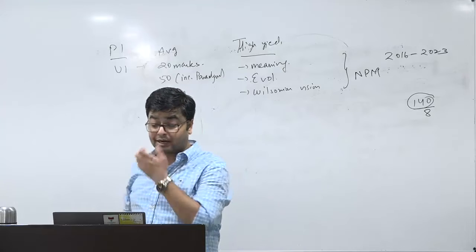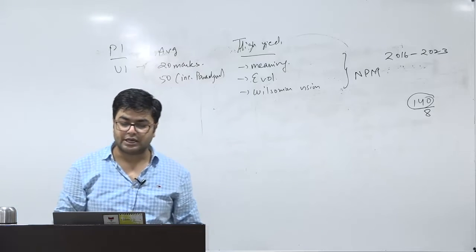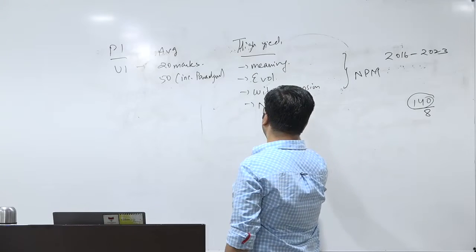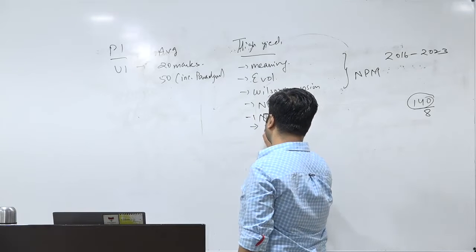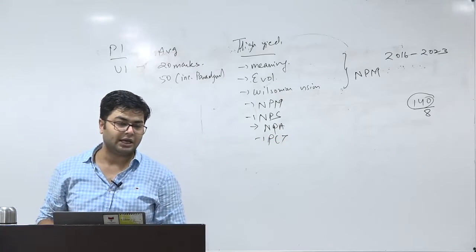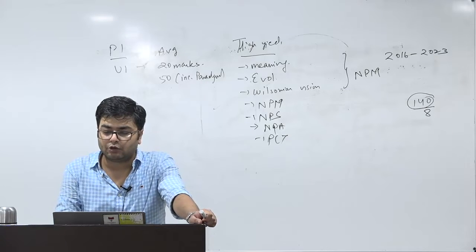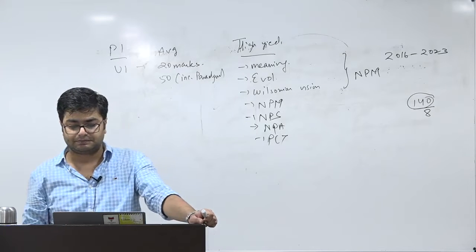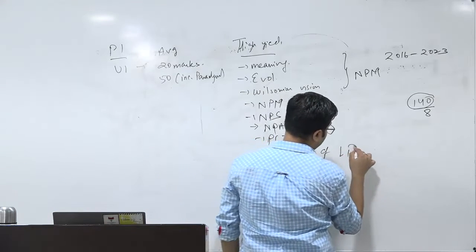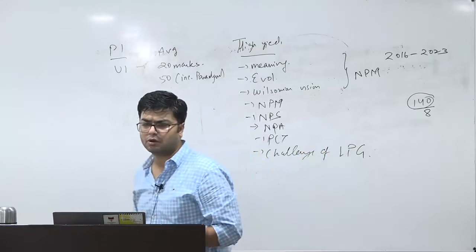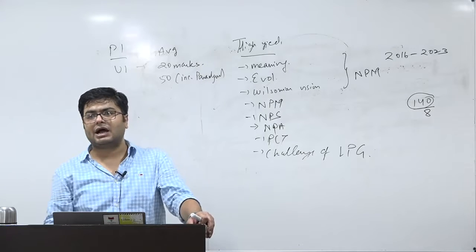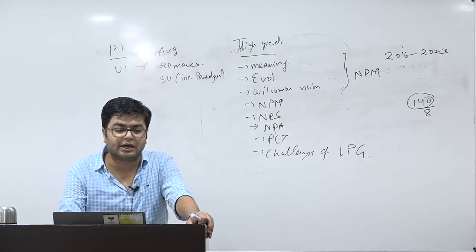That is NPM, etc., etc. But largely you will see here also, if I include this, then the NPM, New Public Service Approach, NPA, PCT, all those things come up. Largely it is the NPM and evolution, meaning, scope, significance, as well as the challenges of liberalization, privatization, globalization. Okay, so that is the larger remit of Unit 1 introduction.